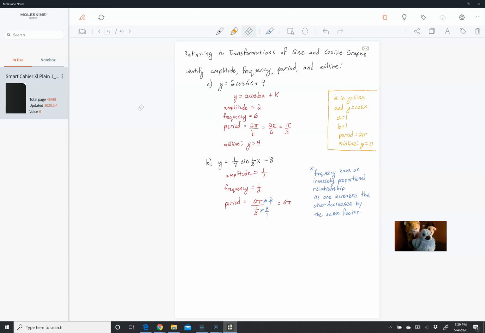If double the waves fit between 0 and 2 pi, then the wavelength has to be decreased by half. If one doubles, the other gets cut in half. Let's try another one, and this would be a great place for you to pause the video and try it on your own.